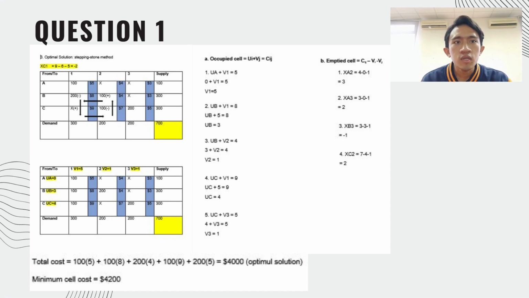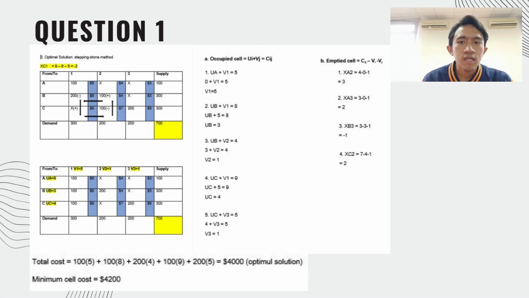After we recompute the Ui and Vj values, we must calculate the cost changes for the empty cells, which is Cij minus Ui minus Vj.